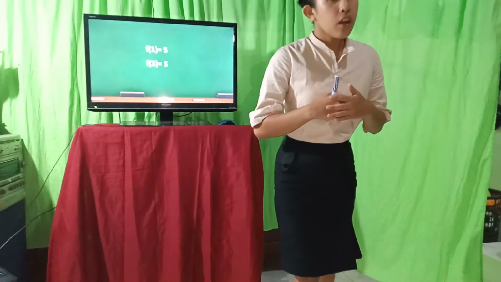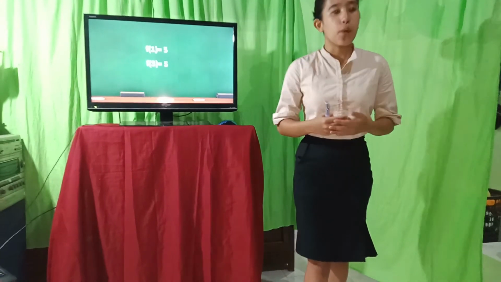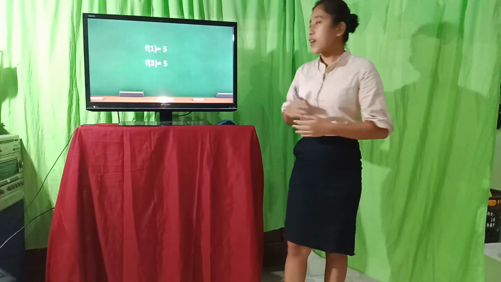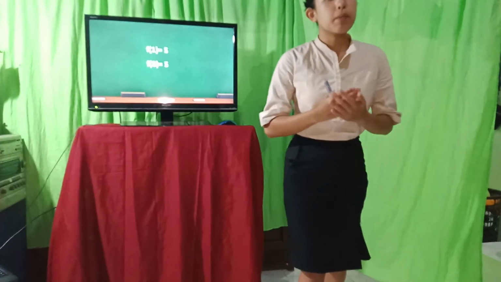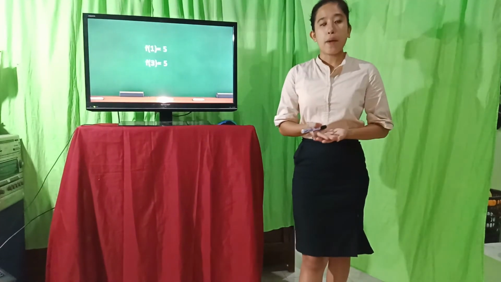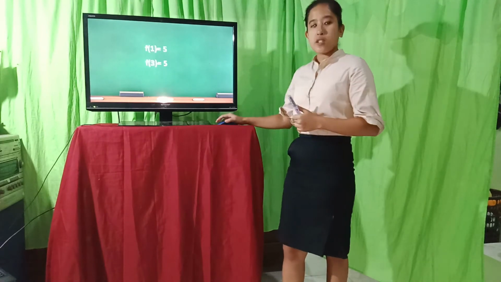So for this reason, the inverse is only defined for a one-to-one function, because otherwise it would be prevented from being a valid function.